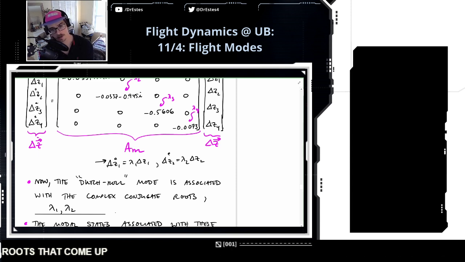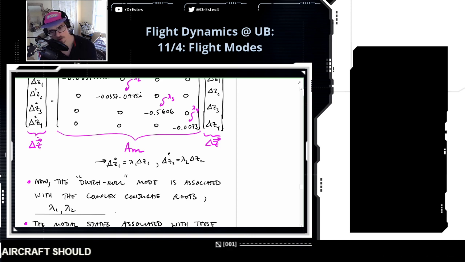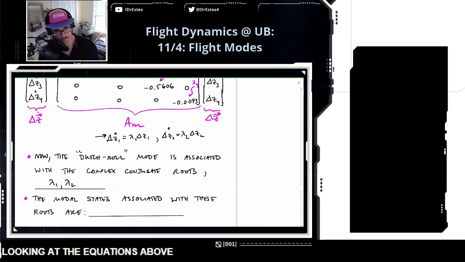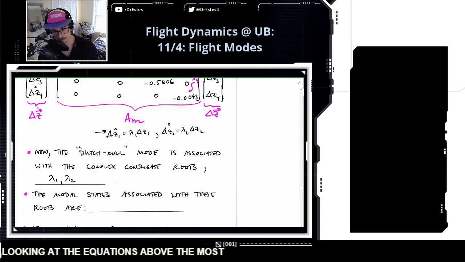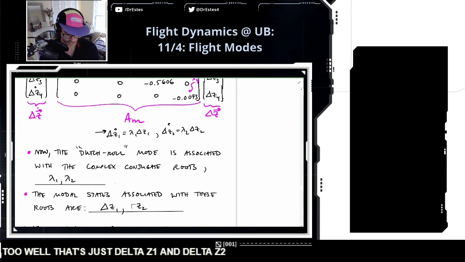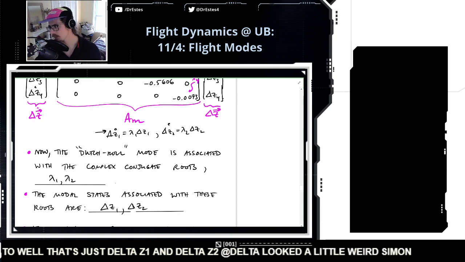And no matter what aircraft you're looking at, a fixed wing aircraft should have a pair of complex conjugate roots for its lateral dynamics. So looking at the equations up above, the modal states associated with lambda 1 and lambda 2 are just delta Z1 and delta Z2. So I'm interested in delta Z1 and delta Z2.